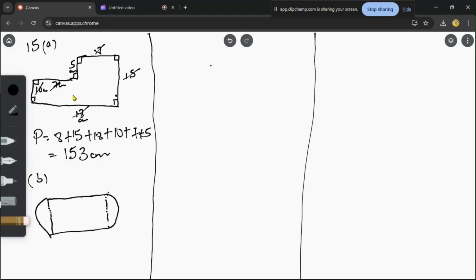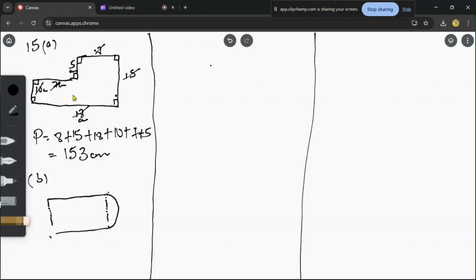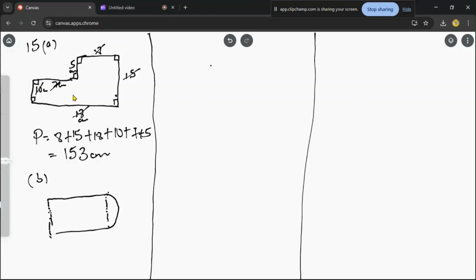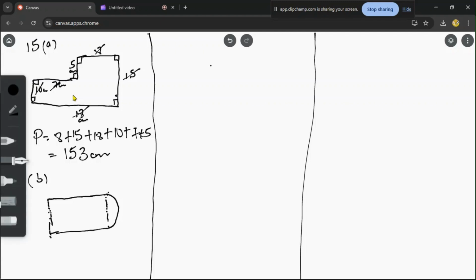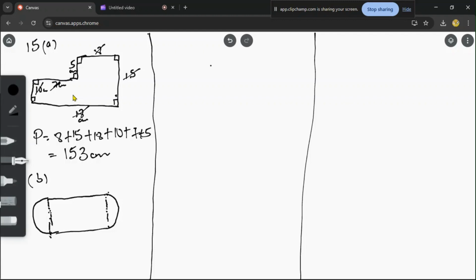Let me write well so that you have a clear diagram. On the two sides from the question, this one is 42 centimeters and this one is 42 centimeters. Then here you've been told it's 70 centimeters.